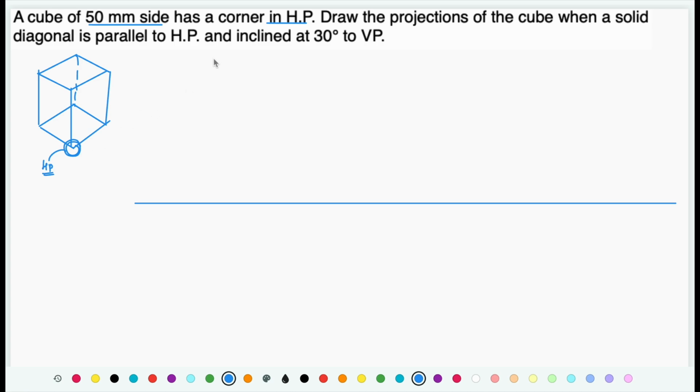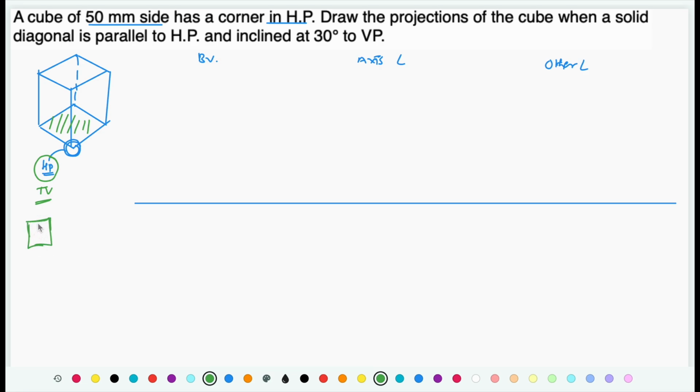So in basic view, what will happen? In basic view, we need to make it completely rest on its base on HP. So the shape of its base, that is square, is going to be visible in HP, so that is nothing but the top view. So the solution is going to start from the top view, where we are supposed to draw a square.